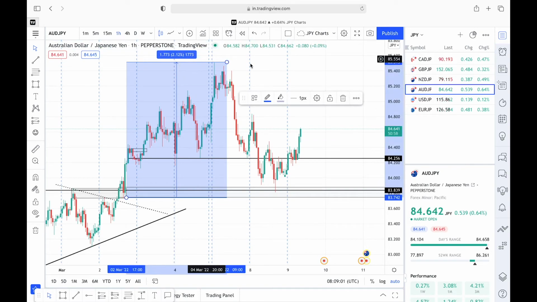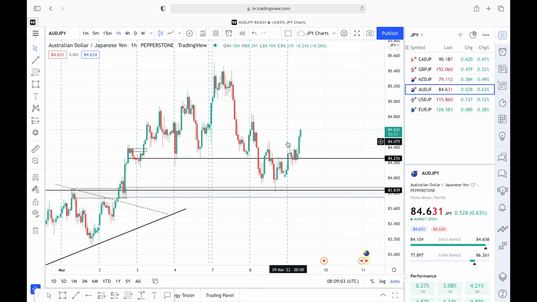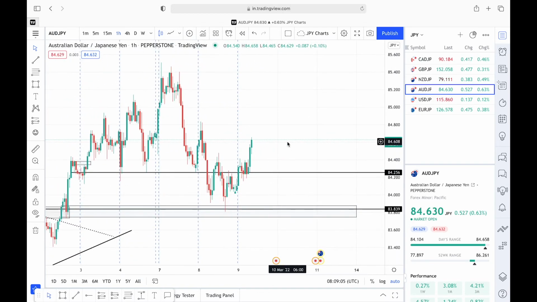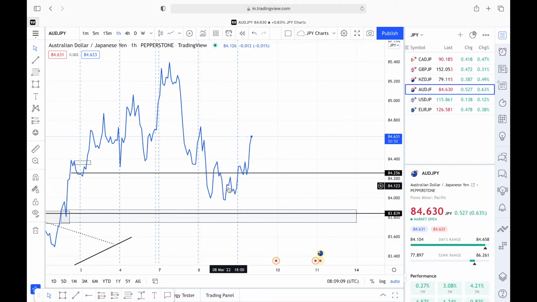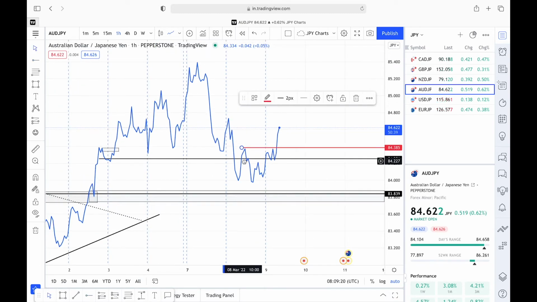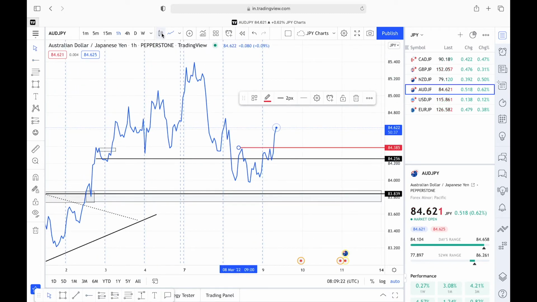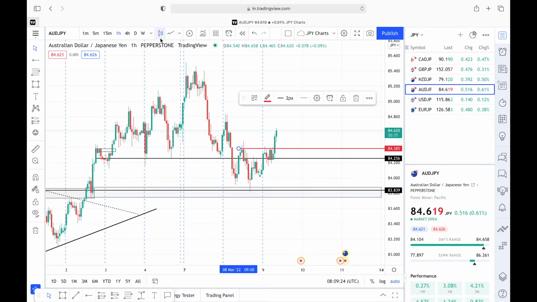So this is it now. We are looking at this AUD JPY for now. Taking a look at the 1 hour, we already have a breaking structure here. Let me move this slowly, candle by candle. There's already a breaking structure here.